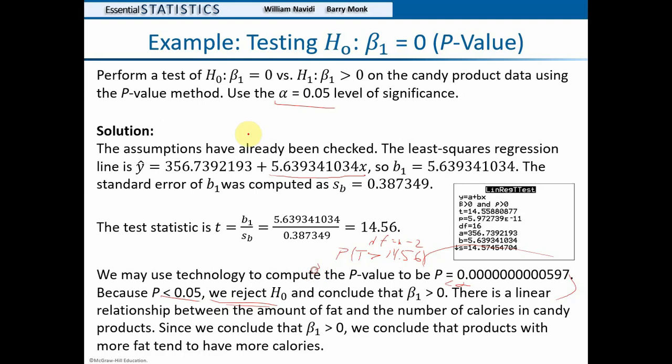So what are we rejecting? That it is possibly equal to 0, that there is no relationship, there is no slope. Okay? So we can conclude, since we reject one, we get the other one. And which one were we testing? The alternate of beta 1 greater than 0.